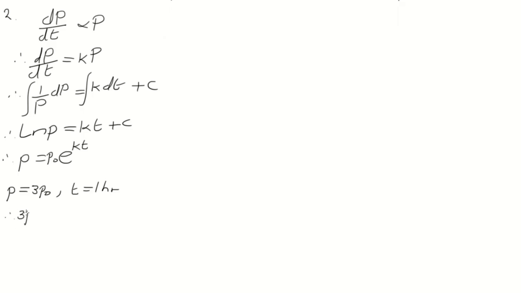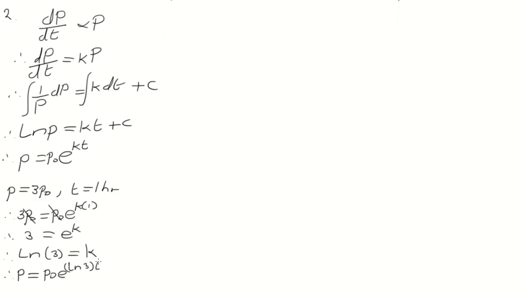So 3 P naught is equal to P naught e raised to k times 1 hour. P naught will cancel, leaving us with 3 is equal to e raised to k. So we must introduce a ln so that we are able to drop the k. It means k is equal to ln 3. Good. So we now have an improved equation: P is equal to P naught e raised to (ln 3) t.